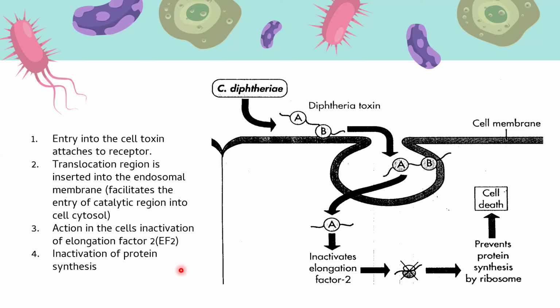It's like the elongase that just makes the protein longer so that it can actually be used and so that we can produce more and more proteins. If I no longer have this elongation factor, I will no longer be able to produce any proteins. Thus, I'm effectively killing the cell, right? So the diphtheria toxin enters the cell, it inactivates elongation factor 2, which prevents protein synthesis by the ribosome and eventually kills the cell. Is that clear?